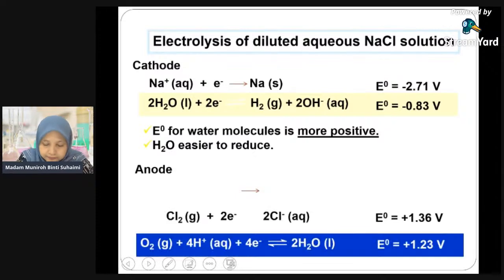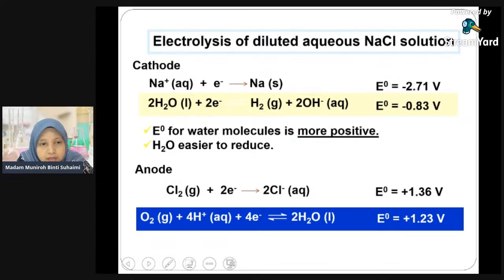First we go for the dilute aqueous solution. Dilute means not concentrated. In the NaCl solution we have Na plus and Cl minus, cation and anion.